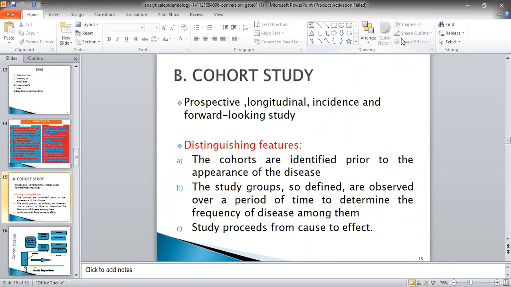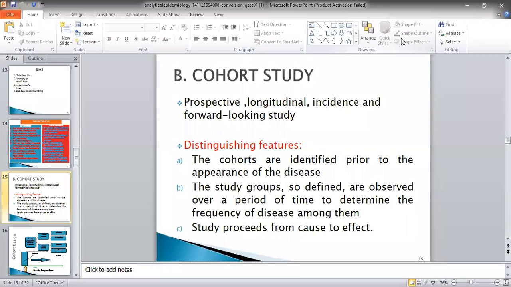So, now comes to the distinguishing features that are involved in cohort study. We will identify cohort group prior to the appearance of disease.